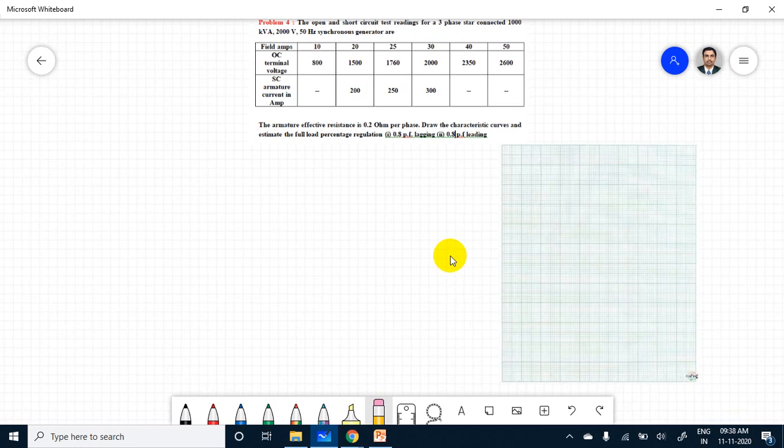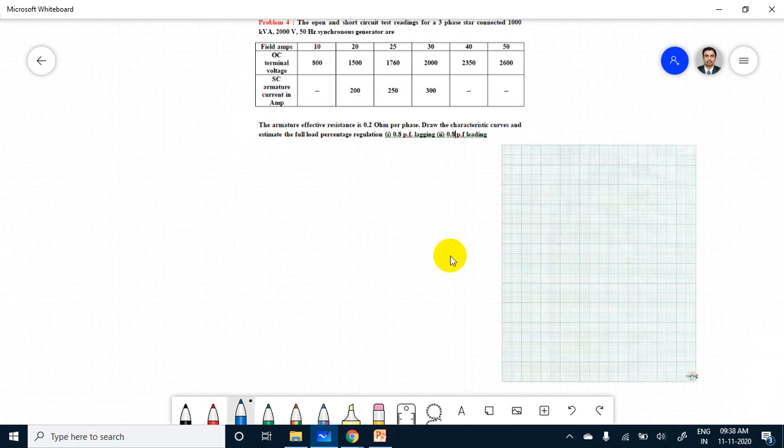Step 1. First step, we have to convert this open circuit voltage. It is in line value, because we are taking this open circuit voltage directly from the machine. Whatever data we are taking, everything will be line voltage. By using the line voltage we have to convert it to phase.